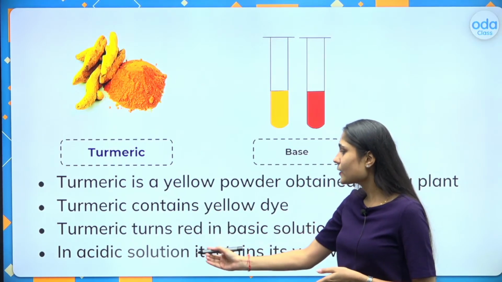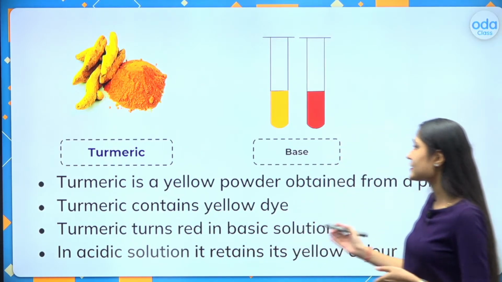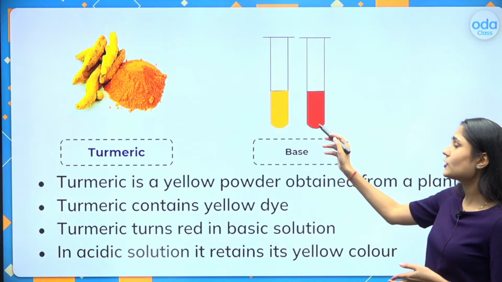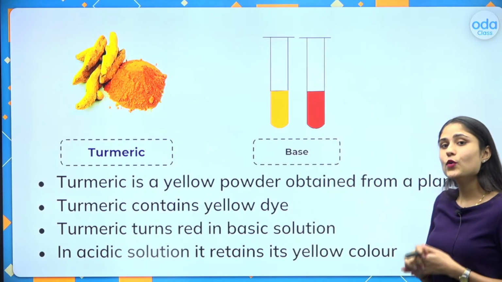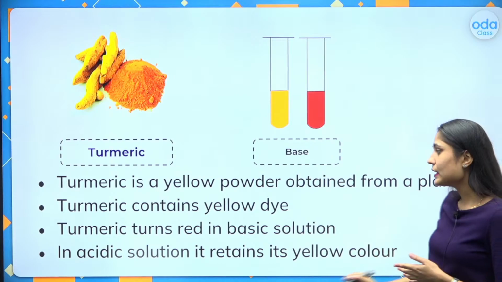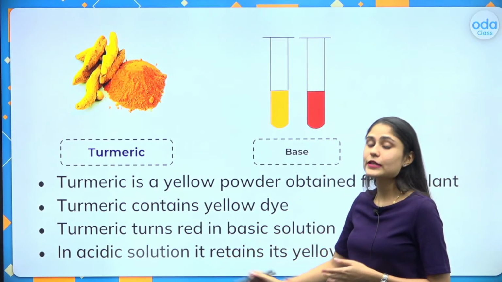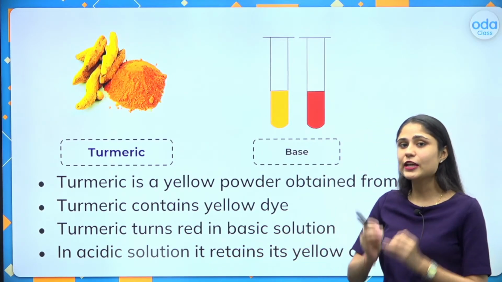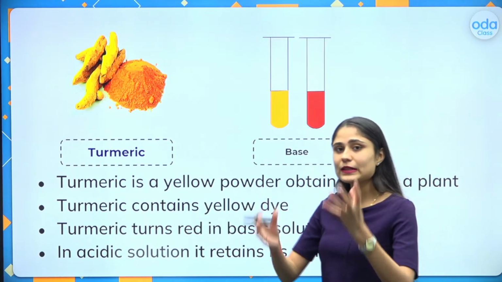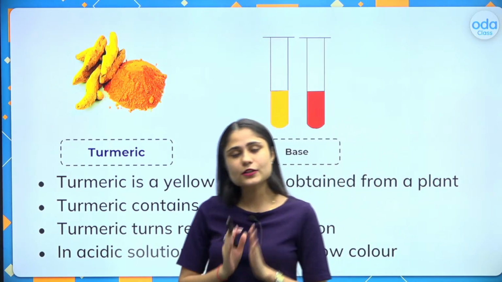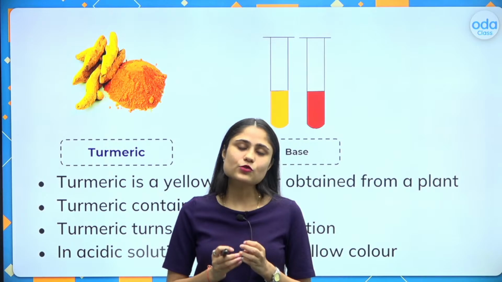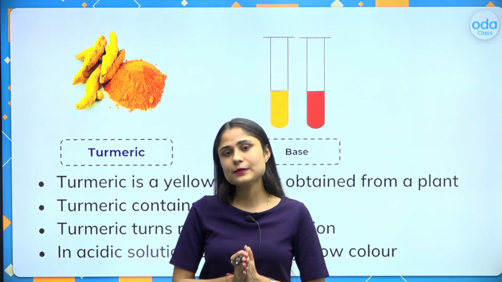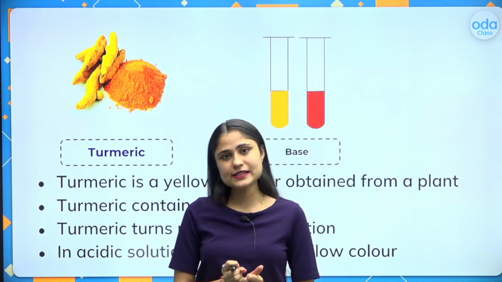Now turmeric turns red in basic solution. However, in acidic solutions, it will retain its yellow color, right? So when it is in an acidic or neutral solution, it will simply be yellow in color, it will retain its color.